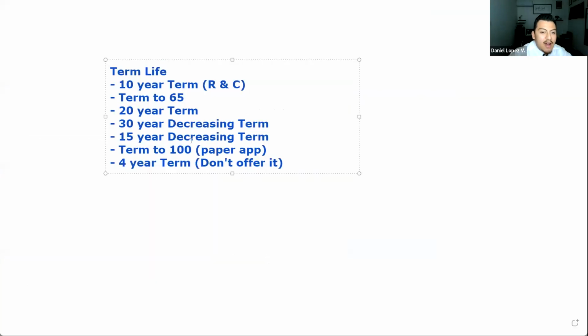Okay, so that's the terms that we offer. And now listen up. On the e-app itself, it won't show. Well, actually, we label it different. On the e-app, this becomes income protection.